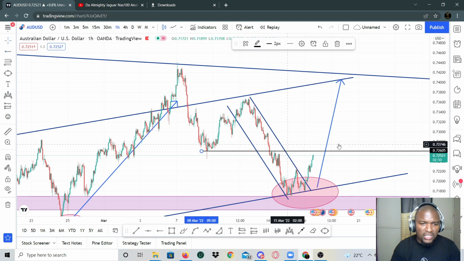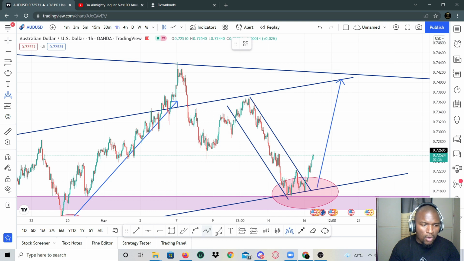Immediately after price breaks here, that's when you can capitalize more on this pair, because when it breaks onto this level right here, this zone, that's when we're also going to consider more buying opportunities.